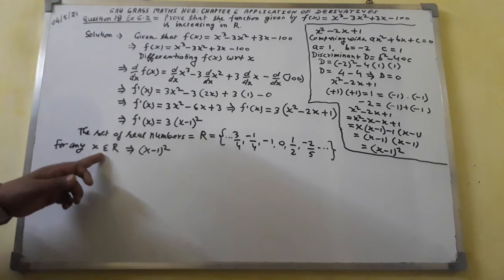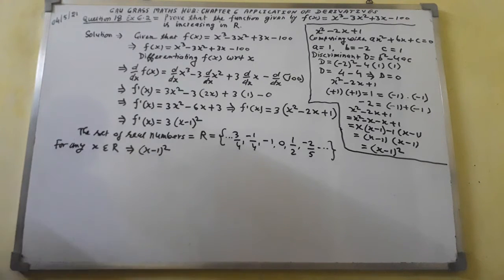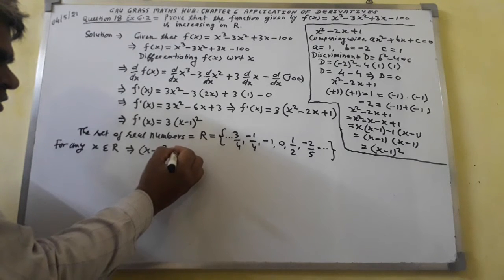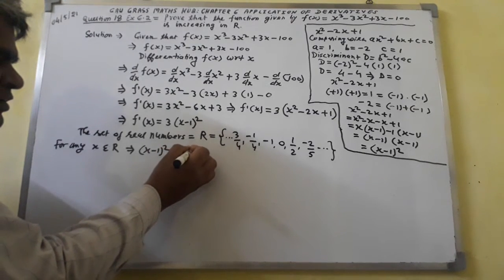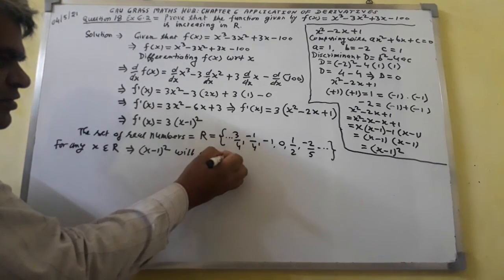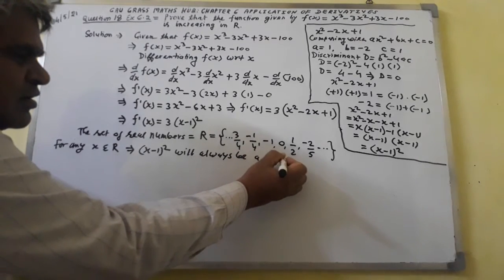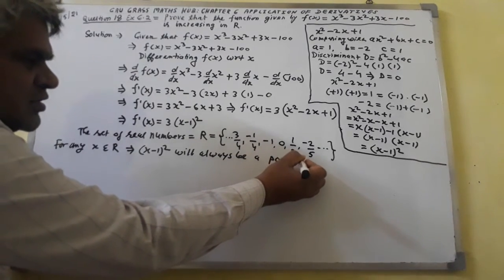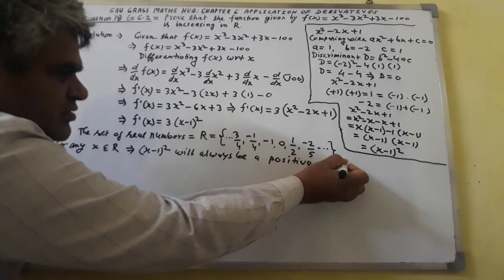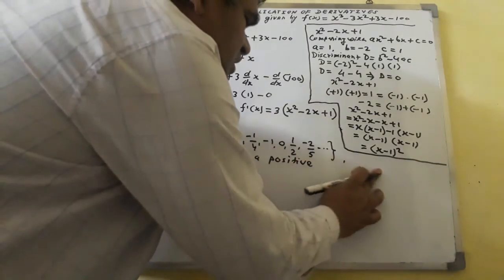For any x belong to set of real number capital R, implied that x minus 1 will always be a positive number. Positive value will always be a positive value.